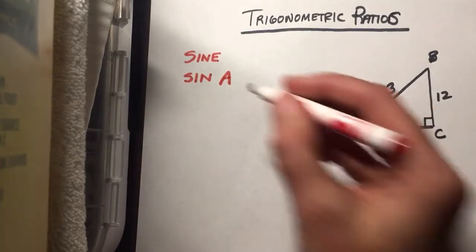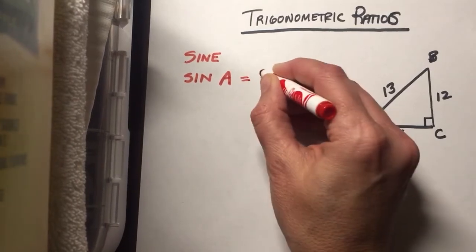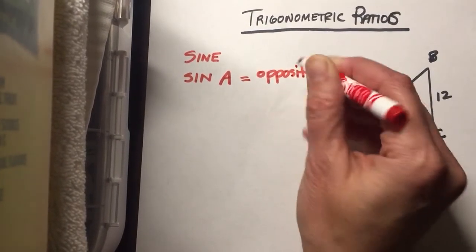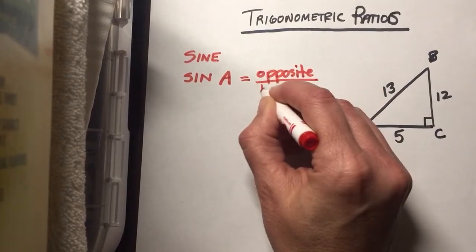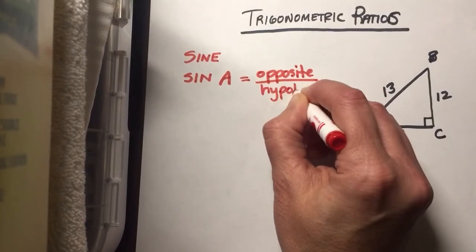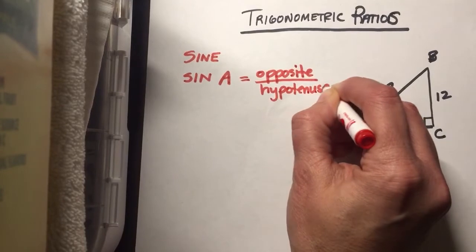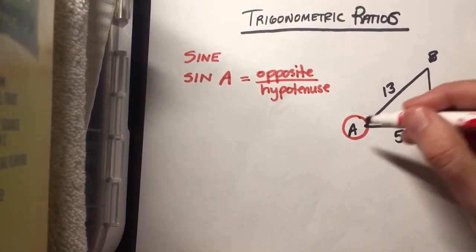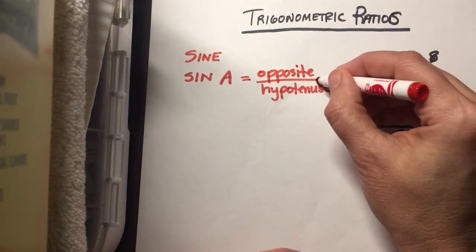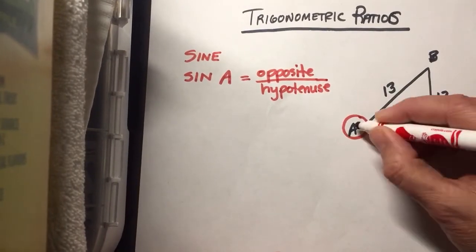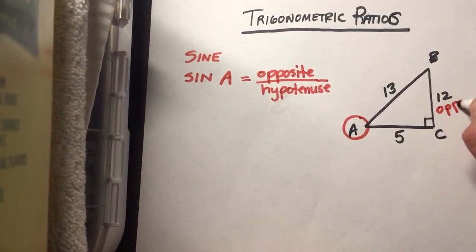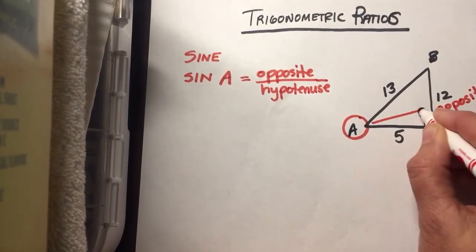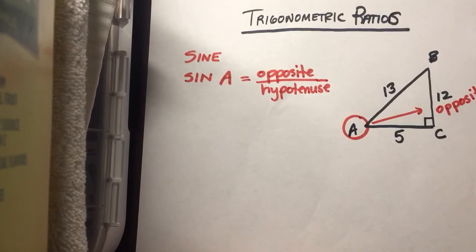The sine is this ratio: the side opposite the angle over the hypotenuse of the triangle. So I'm looking at the side opposite angle A over the hypotenuse. If this is angle A, this side would be the side opposite, correct? Because it's across from the angle.